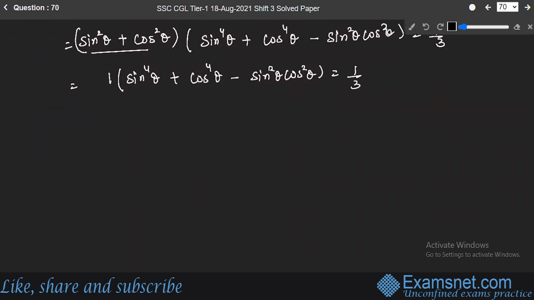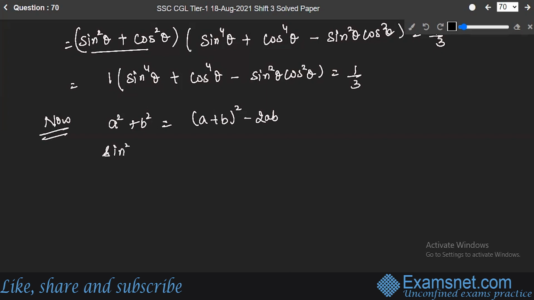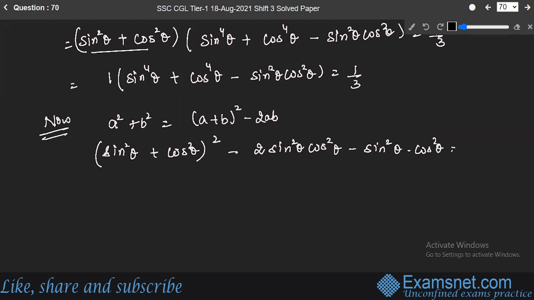Now I'll move to the second identity that we just discussed. a square plus b square is equal to a plus b whole square minus 2ab, right? So I'll say sine square theta plus cos square theta whole square minus 2 into sine square theta cos square theta, minus sine square theta cos square theta is equal to 1 by 3, right?